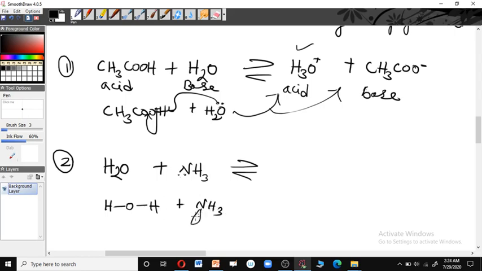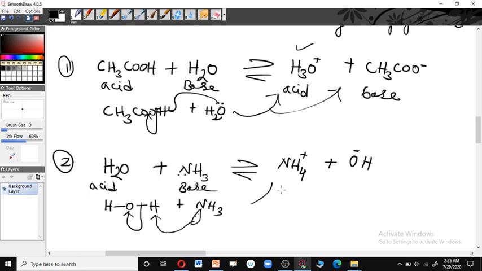This lone pair will go and attack this hydrogen and the bond will break. You have HOH plus NH3, and you get NH4 plus, which becomes positively charged, plus OH minus. So here water behaves as the acid, ammonia is the base, and they form the conjugate acid and conjugate base.